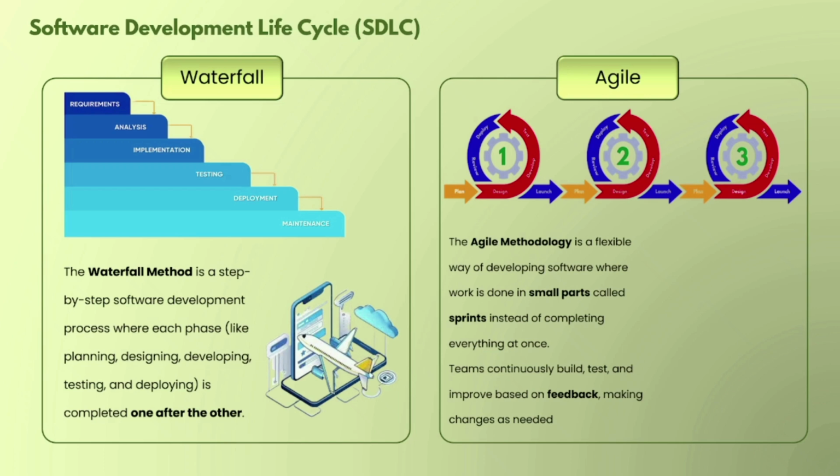Teams continuously build, test and improve based on feedback, making changes as needed, just like updating a mobile app with new features regularly. It is divided into sprints. Again, agile is a very big thing. It can't be explained in 10 to 15 minutes, or 1 or 2 hours. It is quite a long course of 1 month. So we will try to accommodate it within our time limit.